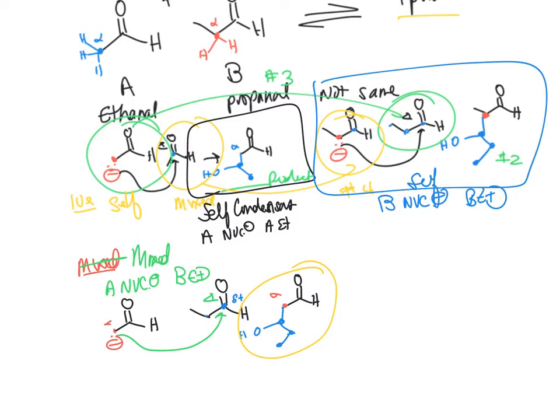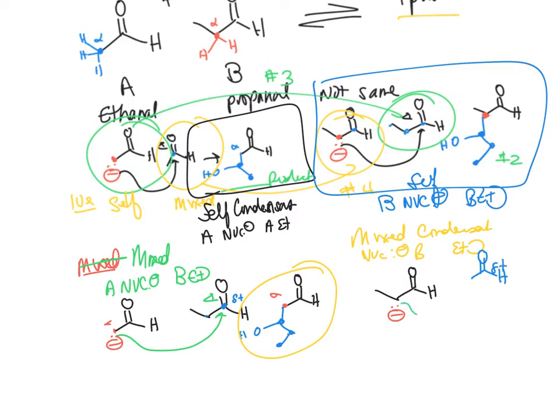And then the other one here, the yellow one, is also a mixed condensation. And if we had the nucleophile as B, and what if your electrophile is A? So now we take B as the nucleophile, the propanal, and the electrophile then would be the ethanal.